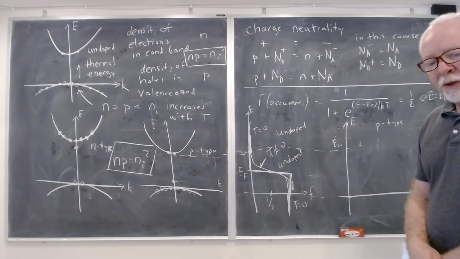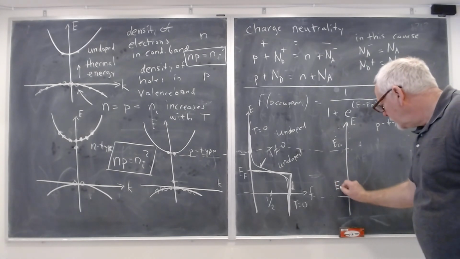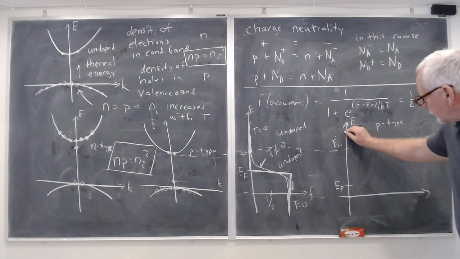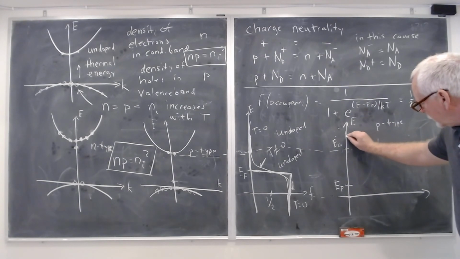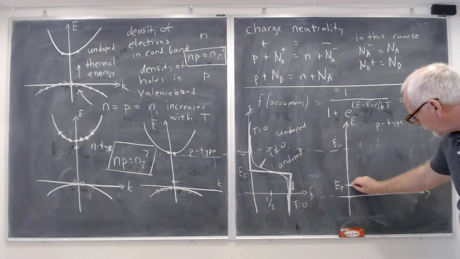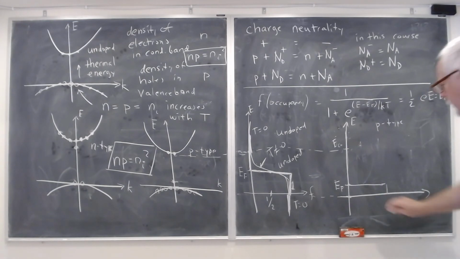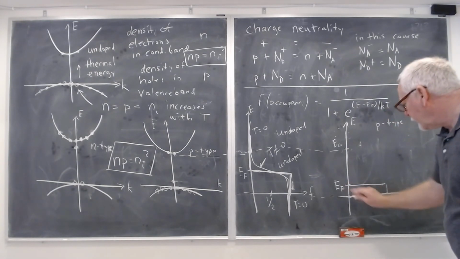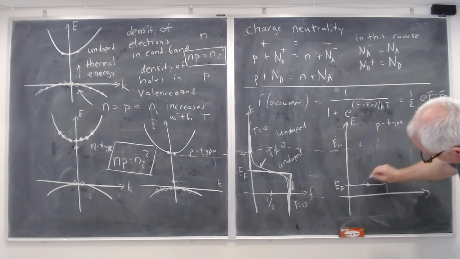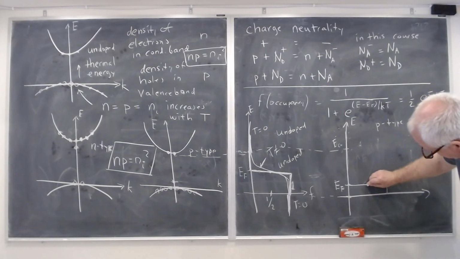And hopefully someone would answer, it would be closer to the valence band. Because now, okay, let's go first for our zero temperature case. All right. So now if we put EF closer to the valence band, what's going to happen, you always start at 1/2 at EF. Let me try to draw it a little bit neater.